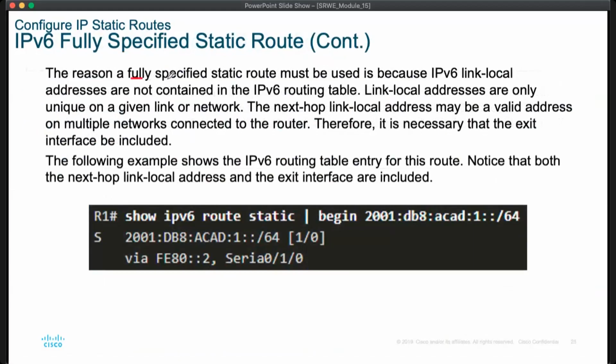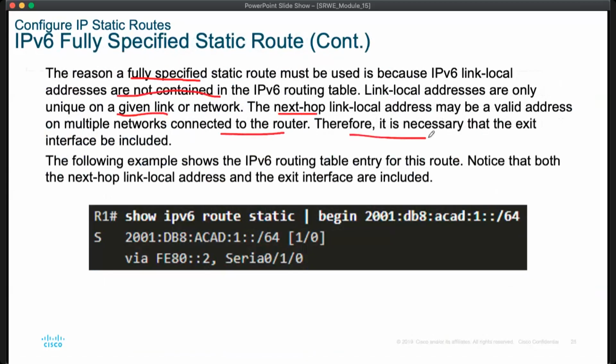The reason a fully specified static route must be used is because IPv6 link-local addresses are not contained in the IPv6 routing table. Link-local addresses are only unique on a given link or network. So the next-hop link-local address may be a valid address on my network connected to the router.